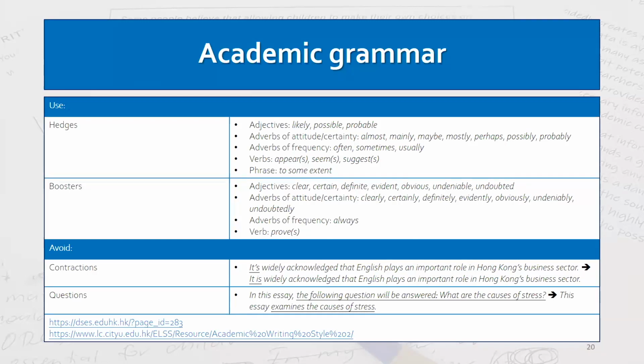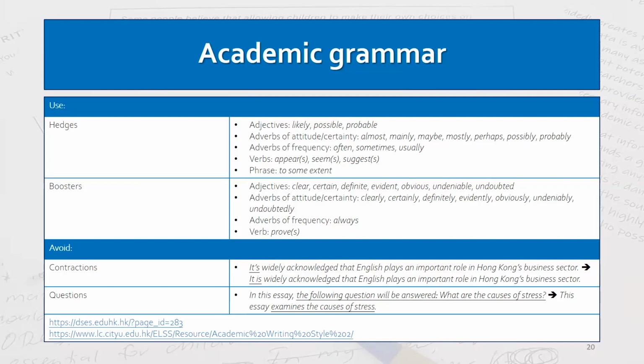So I'm covering a bit about academic grammar and vocabulary here, because bear in mind that this writing task is actually an example of academic writing. IELTS Writing Task 2 requires you to write an academic essay. Remember that, an academic essay.